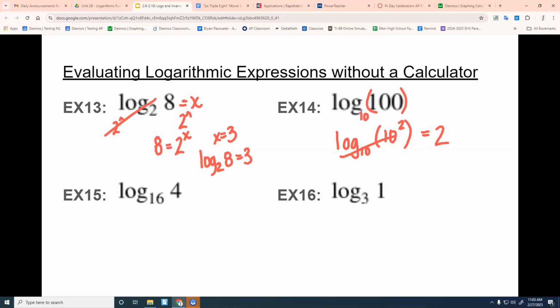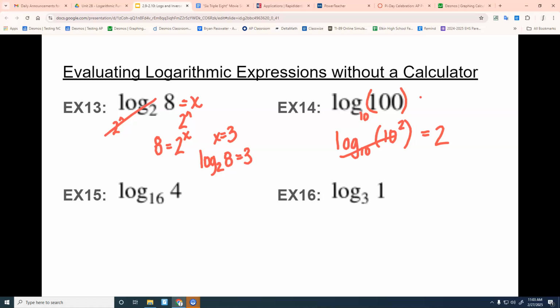They might ask you for the setup for the question. They might ask you, which one is equivalent, and then rather than having the answer, they might have log base 10 of 10 squared or something like that. You can do it either way.